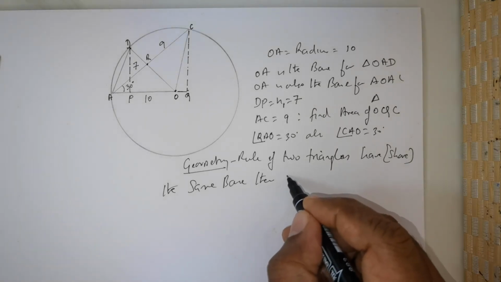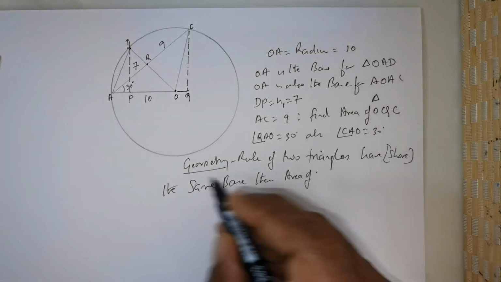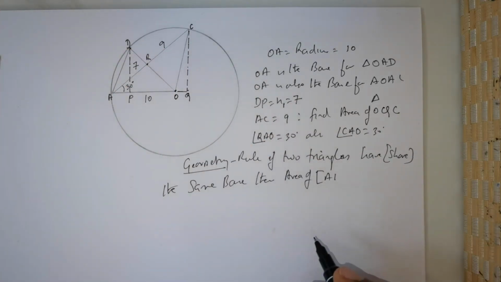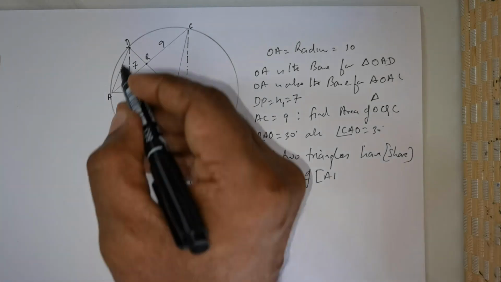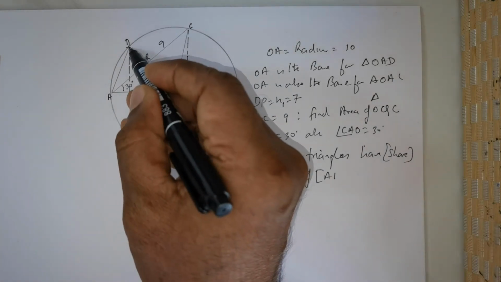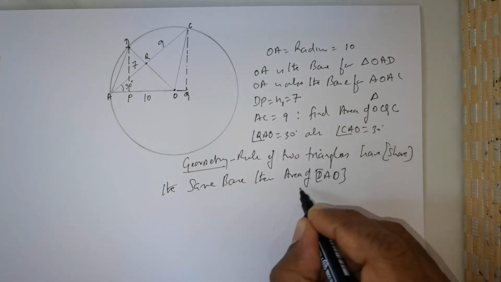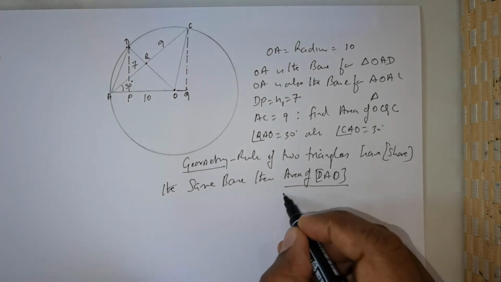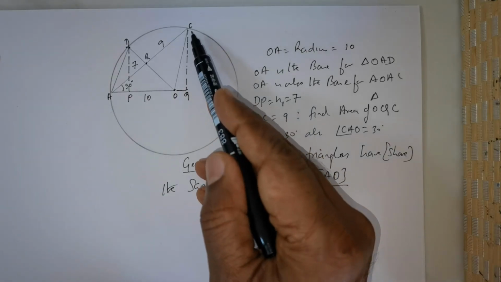Then the area of the first triangle, so in this case ADO, or you can put it as OAD. So I will just start from the first vertex. So I will say DAO, area of DAO divided by the second area of CAO.